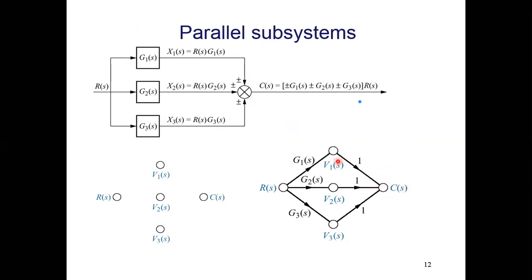So we will need these branches to represent the sign. Here we can have positive or negative sign, +1 or -1. So the unity gain will be used to represent the sign.